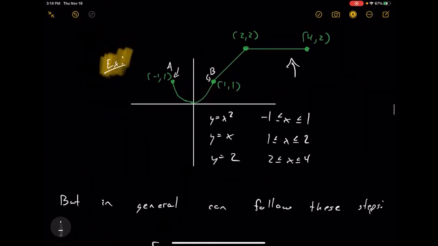Now I need to find the parameterizations for this piece of the curve and this piece of the curve. And these are fairly straightforward, they're lines, right? So the parameterizations are fairly easy. And they give a little comment.